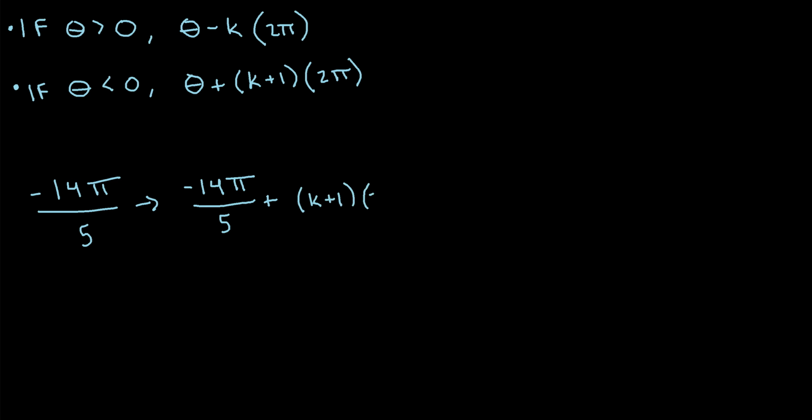times 2 pi. So remember, the first step is we need to write this 2 pi as a fraction with the same denominator as the original angle. So we want it to have a denominator of 5. So if we have 2 pi over 1, how can we write this as a fraction where the denominator is 5? Well, to go from 1 to 5, we need to multiply by 5. So we can multiply the numerator by 5 as well.